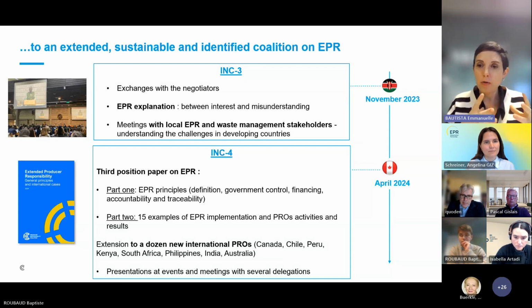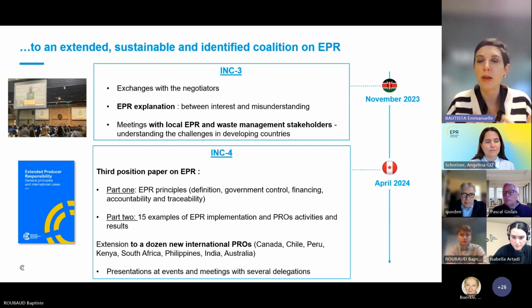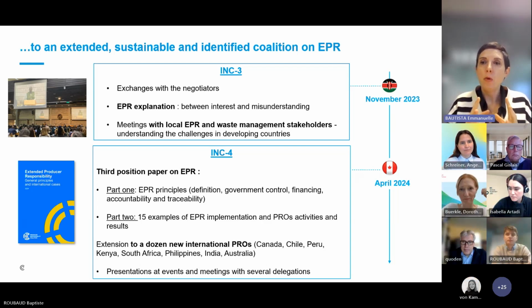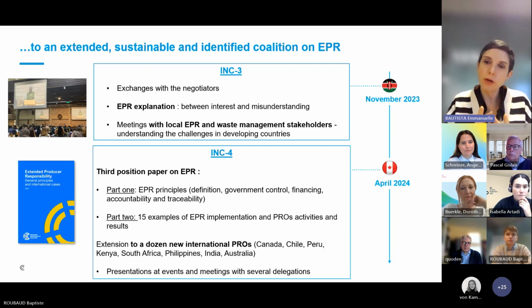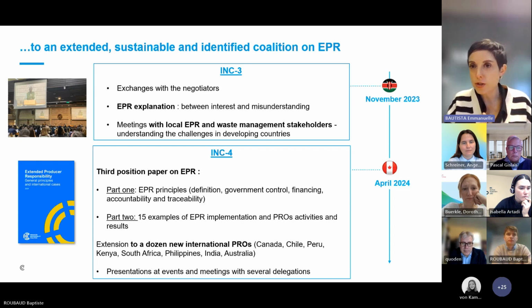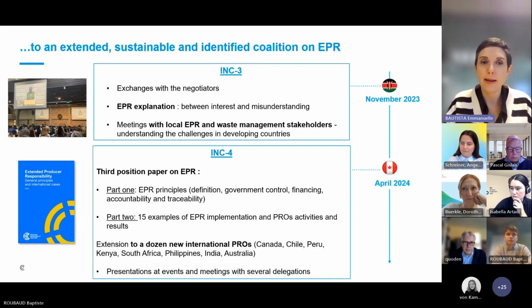And based on this experience in Nairobi, and this continuing misunderstanding and false information regarding EPR, we decided within the coalition to prepare a new, third position paper for INC4 in Ottawa, but a more concrete and operational paper, a shorter one, based on the questions we received during our discussions in Nairobi.